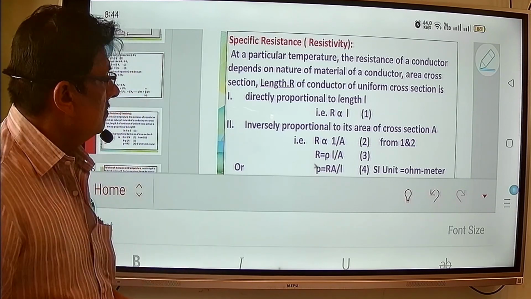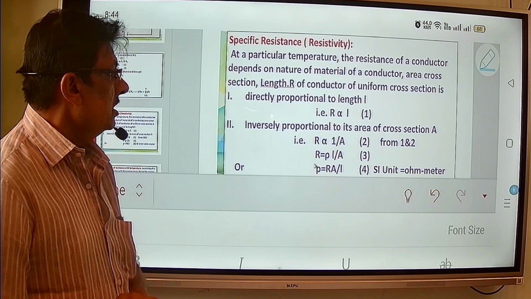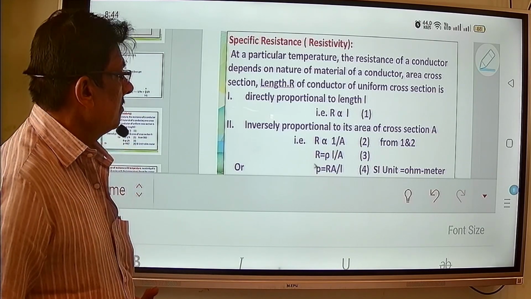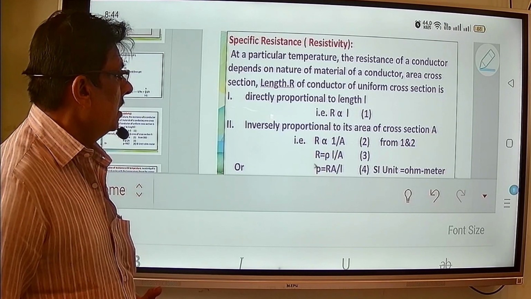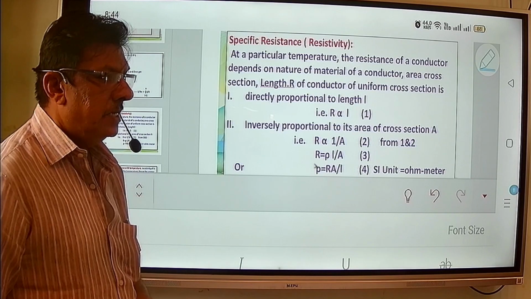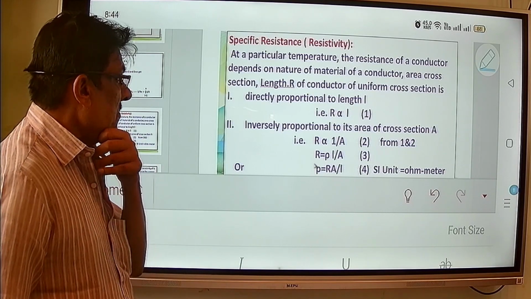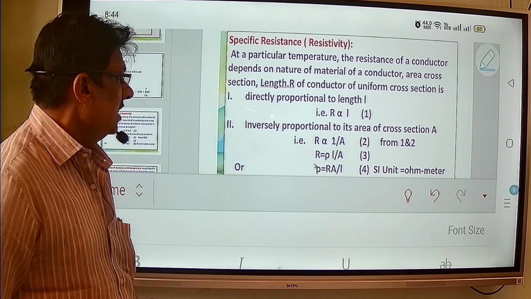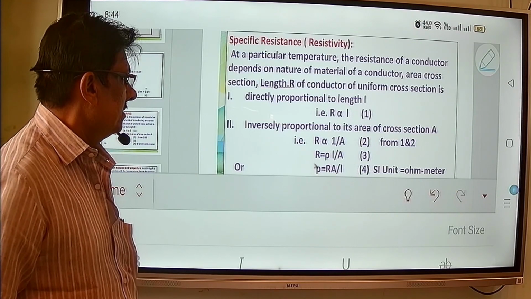The resistance of the conductor also depends upon the nature of the material used in that. Second part is that area of cross section is also very essential. Means first nature, second area of cross section, and third is the length.